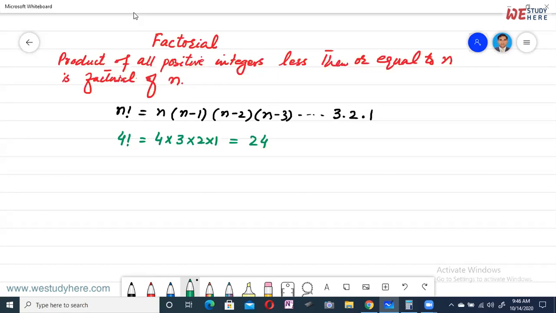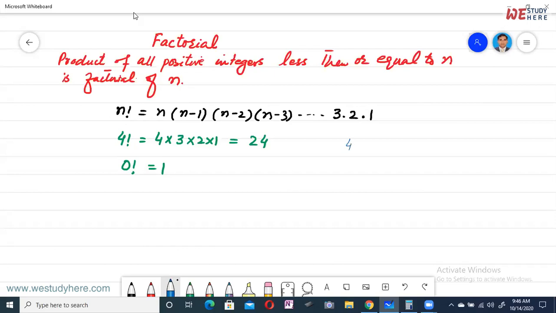About 0 factorial, I want to tell you 0 factorial is 1. How is 0 factorial 1? Before that, I will discuss something with you.